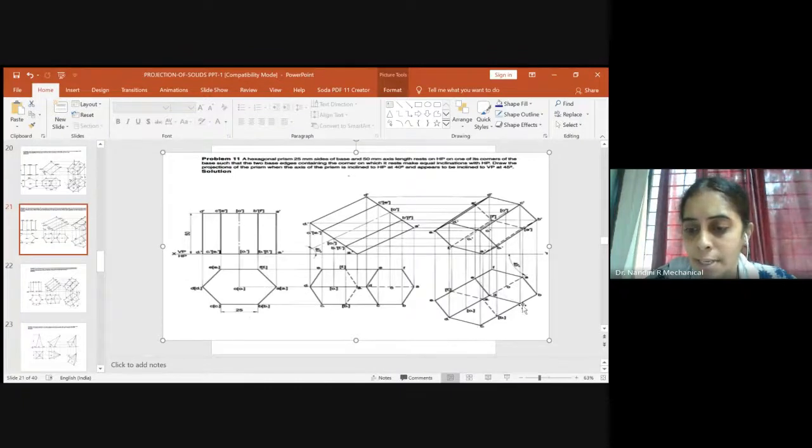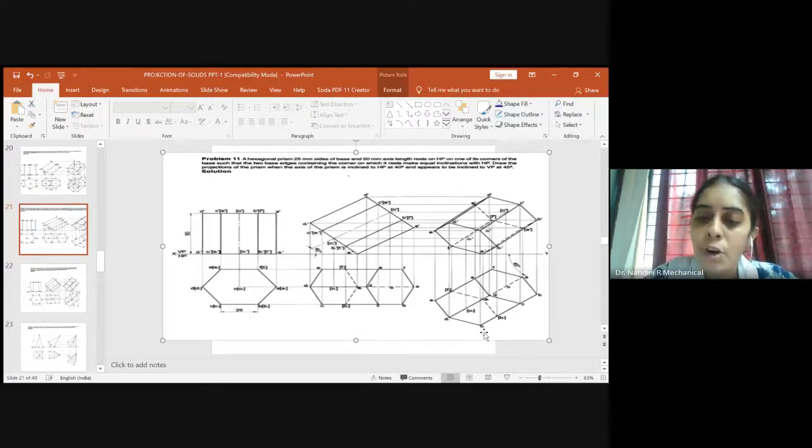On this extended projection line, now measure the distance C to C1, keeping one end of the compass at C and the other at C1. With the measured distance, come back here and cut the projection line which you have drawn. So you got the corners C and C1.